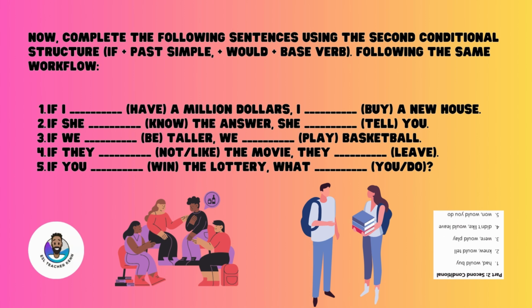If I blank have $1 million, I blank buy a new house. If I had $1 million, I would buy a new house.